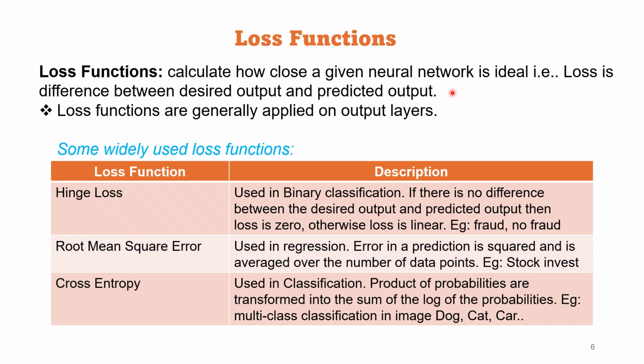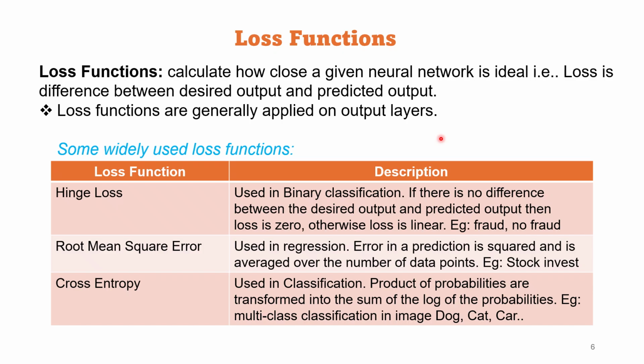Could you recollect what feature engineering is? In simple terms, feature engineering converts input data like audio, video, and image data, which is in string form, to numbers or numerical form. Some widely used loss functions are hinge loss, root mean square, and entropy loss functions.